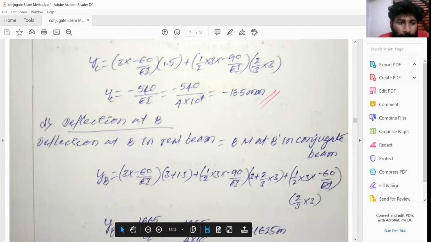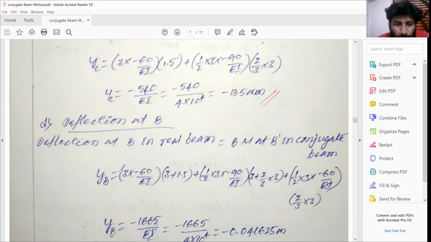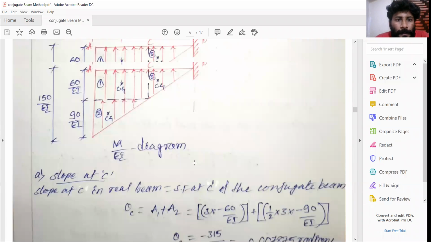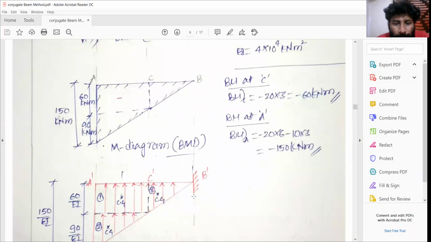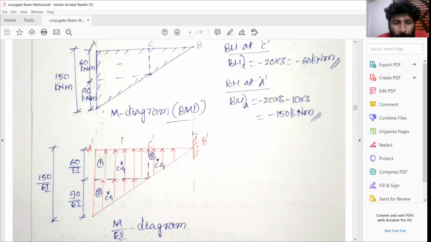Again, the deflection at B in the real beam is equal to the bending moment at B in the conjugate beam. I will explain this in the diagram. Here I wanted to find the deflection. To find it, I have to take the bending moment about the same section in the conjugate beam. So this is the conjugate beam. We have 3 areas.